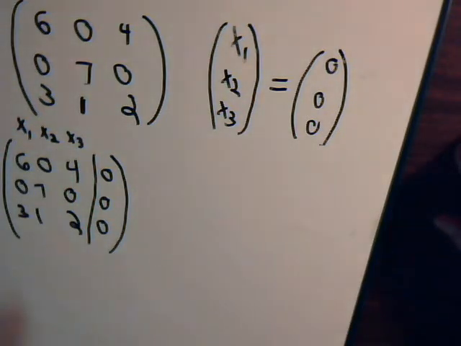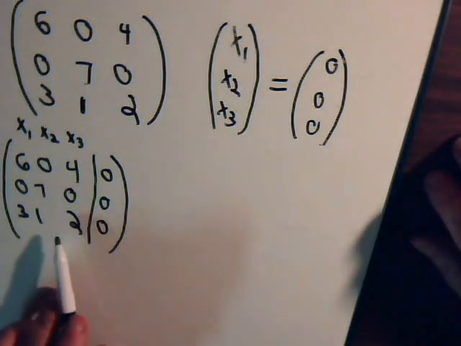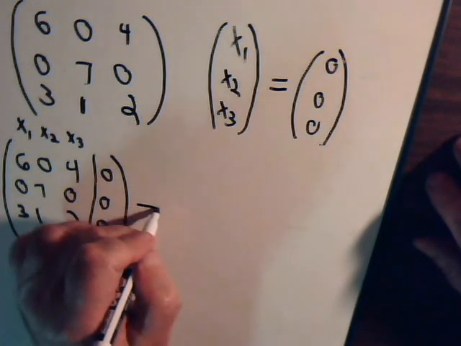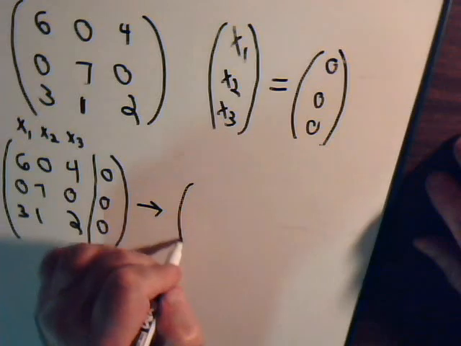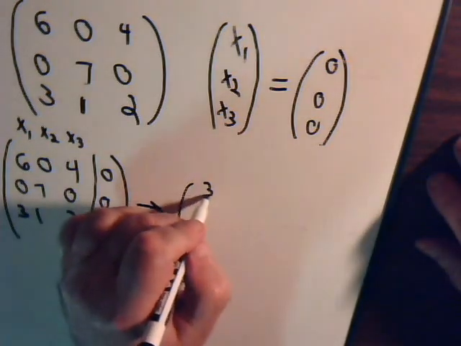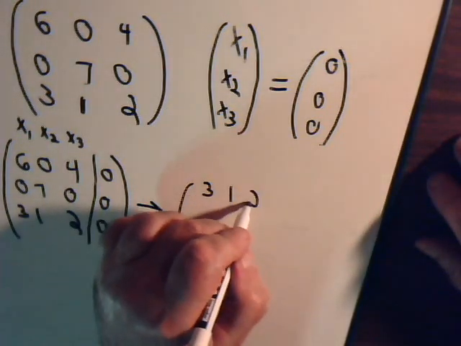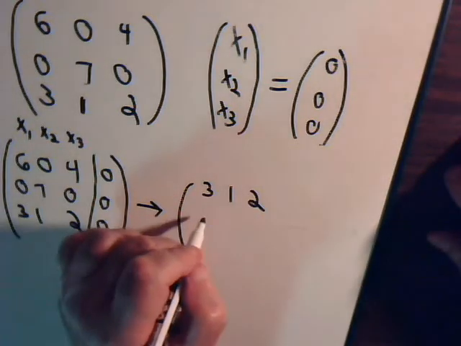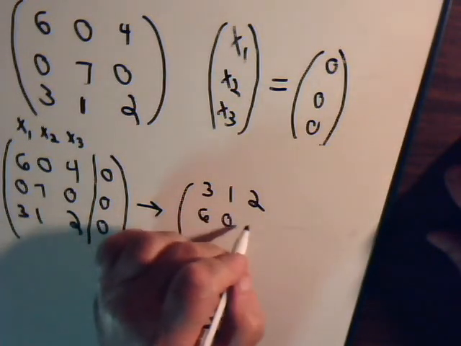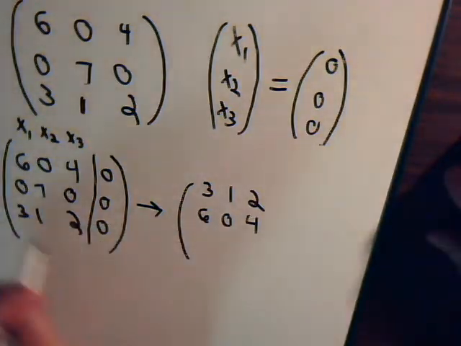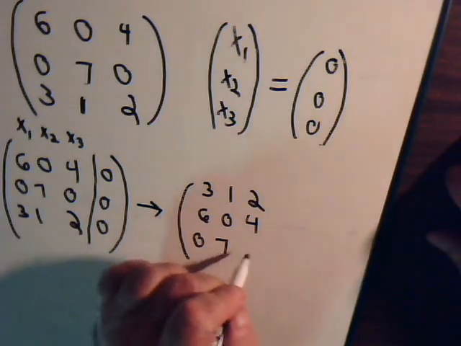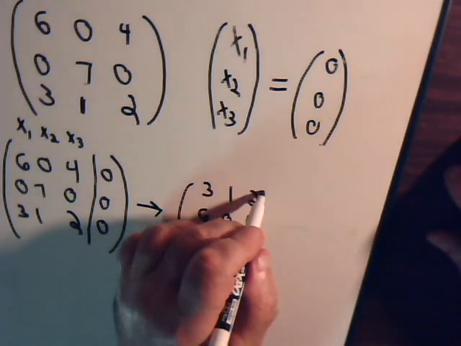Okay, and let's take this up to the top first. So we have 3, 1, 2, beneath it 6, 0, 4, and then here 0, 7, 0.